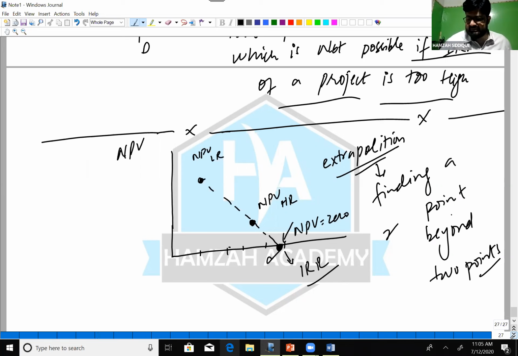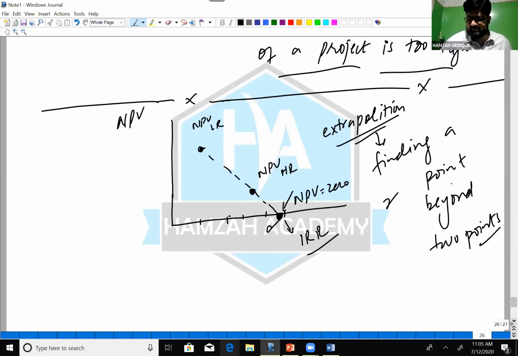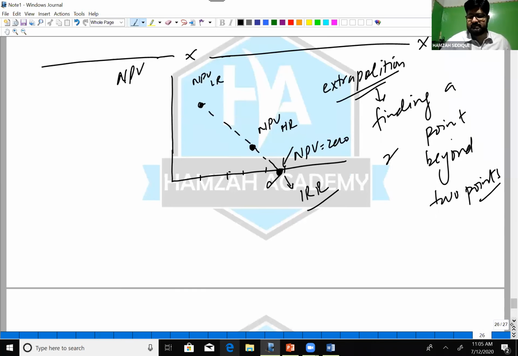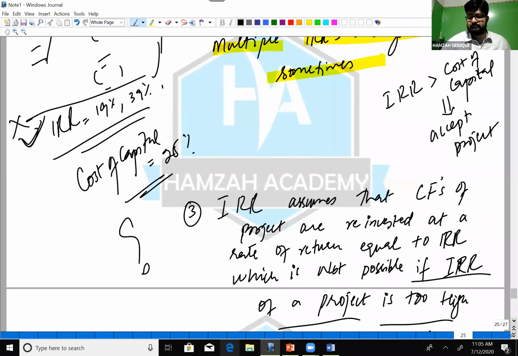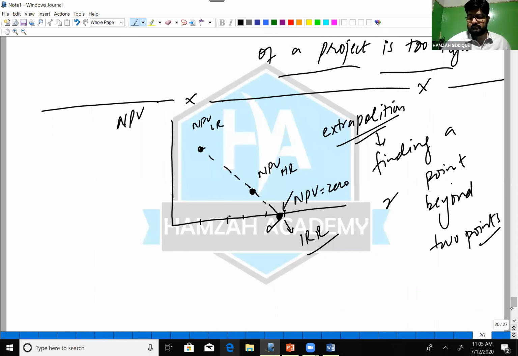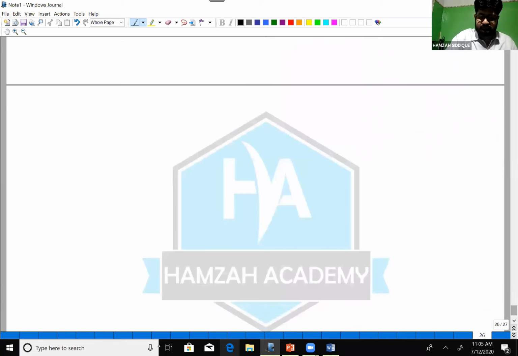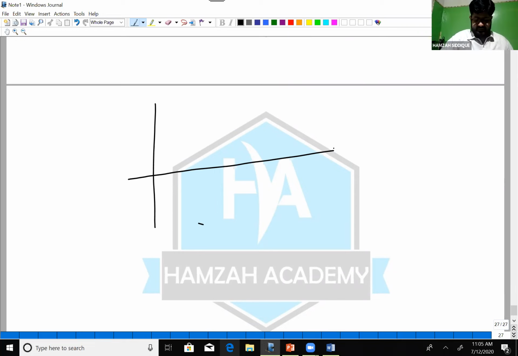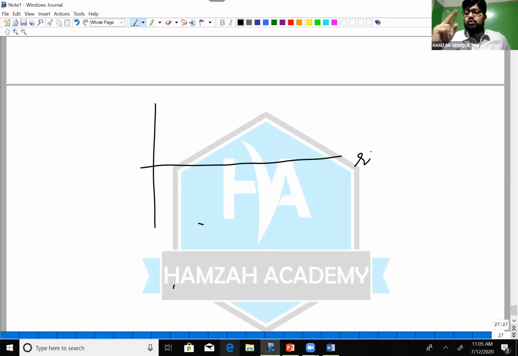Second case. R. It might be possible that at two rates you get both NPVs negative. So this is negative and another negative.